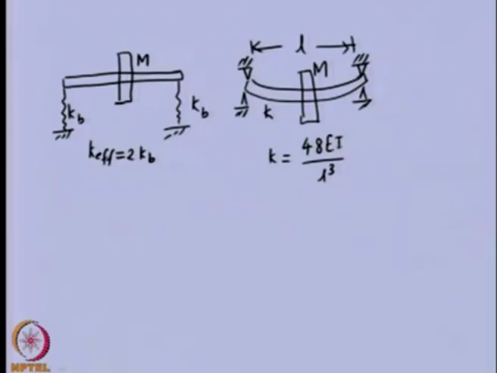For a circular shaft, I is pi by 64 times diameter to the power 4. So this is the effective stiffness which the disc is experiencing from the shaft.